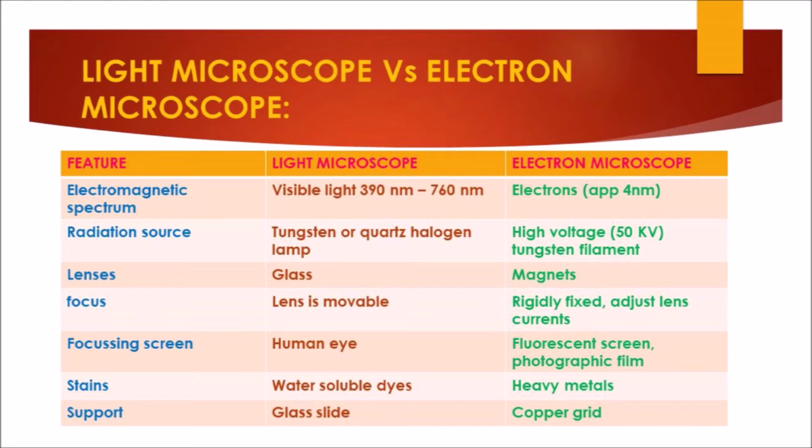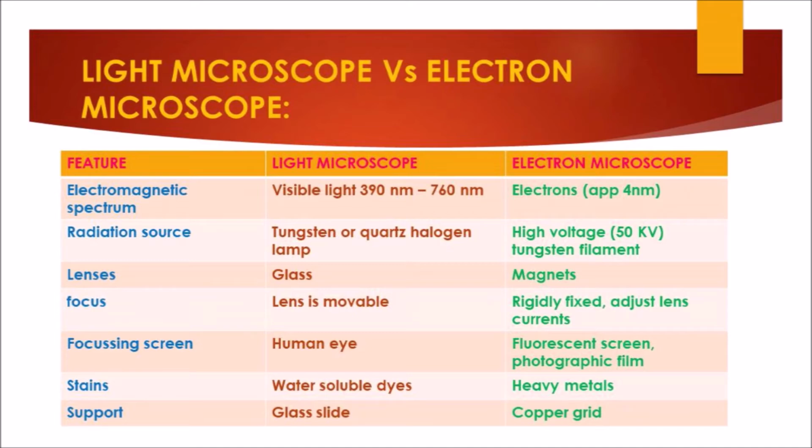In the light microscope, for focus, the lens is movable. In the electron microscope, it is rigidly fixed; lens currents are adjusted. For the focusing screen, in the light microscope, it is the human eye. In the electron microscope, it is a fluorescent screen or photographic film.